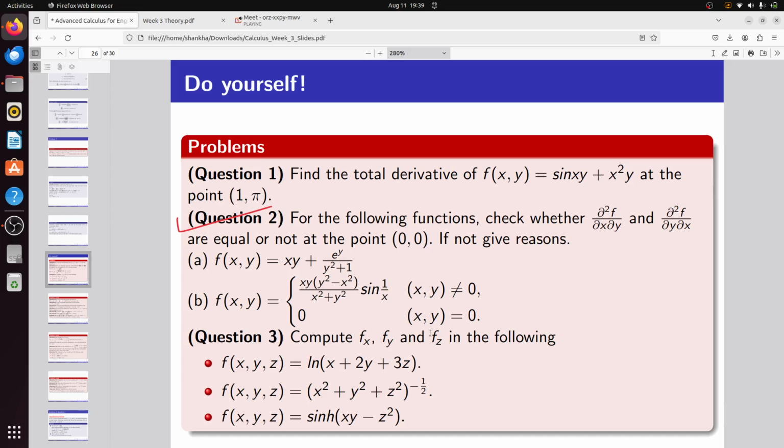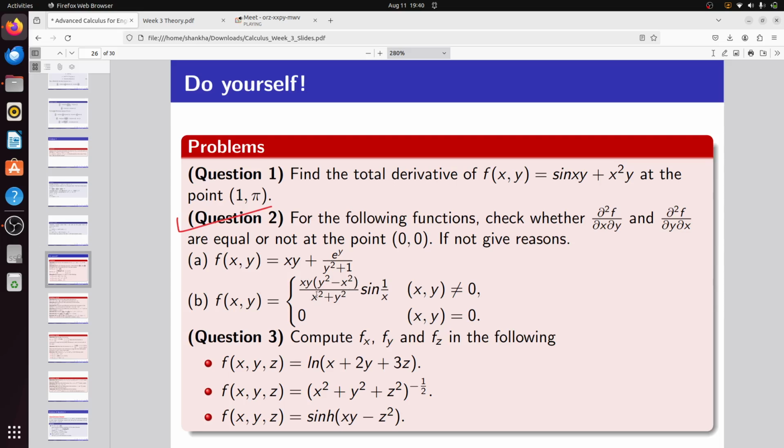See, this is a product of two functions: xy into y square minus x square by x square plus y square, and sin 1 by x. The first part you can prove continuous using substitution of polar coordinates.